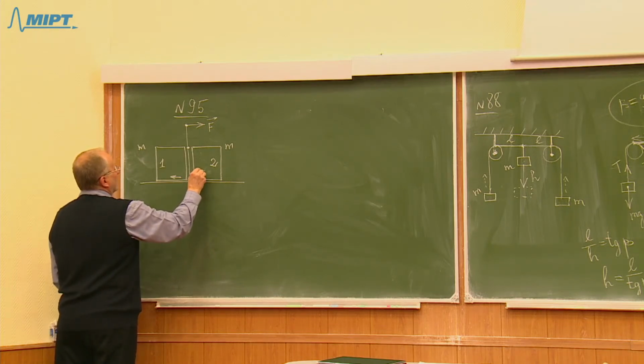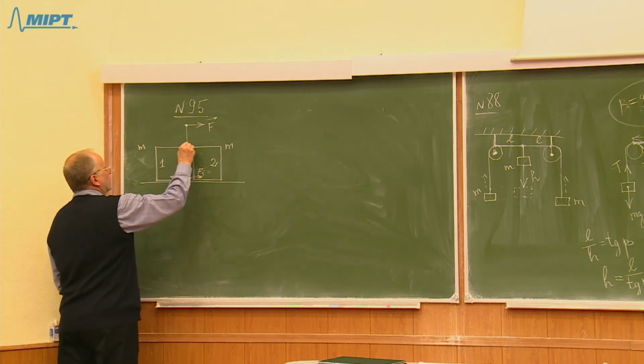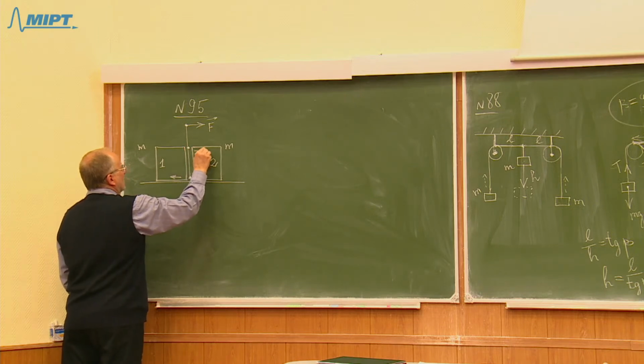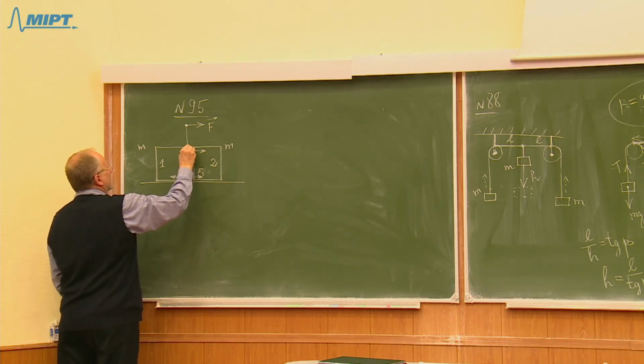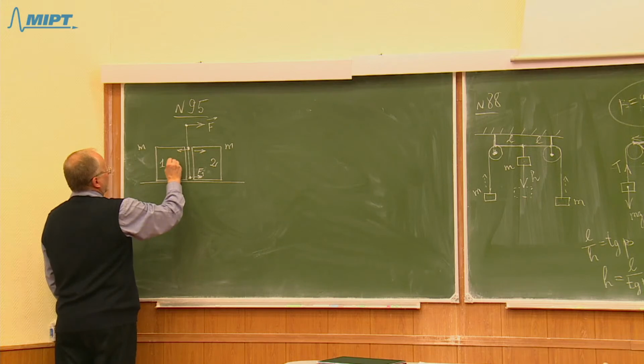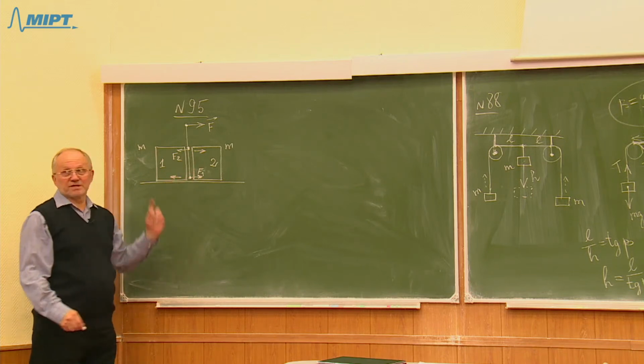Let's denote it by F1. And the same here: if this point of the rod acts on block 2, then a similar force acts on this point of the rod. It's equal and oppositely directed, and I will denote it by F2. So these two forces are equal, and these two forces are equal.